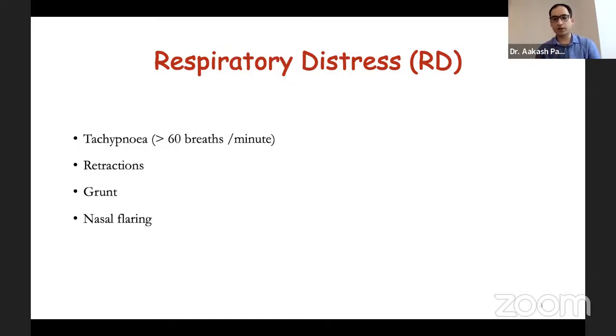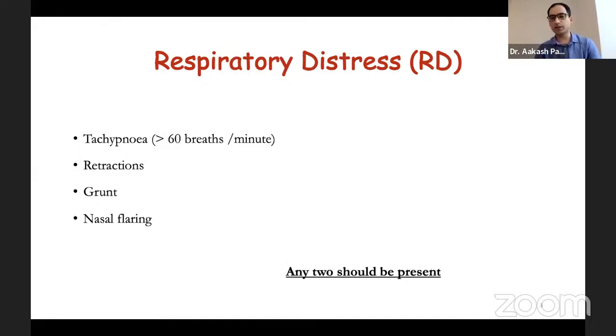So again, it is a protective mechanism. There is also nasal flaring, where we see dilatation of the alae nasi. Again, this is a natural response to respiratory distress, where the baby tends to increase the diameter of the airway, thereby decreasing the resistance and the work of breathing. In any newborn, whether term or preterm, if we see 2 out of these 4 signs, he qualifies as a baby with respiratory distress.